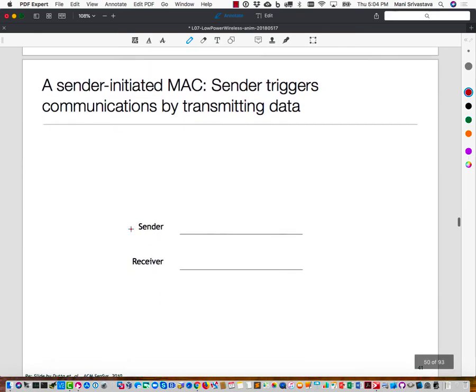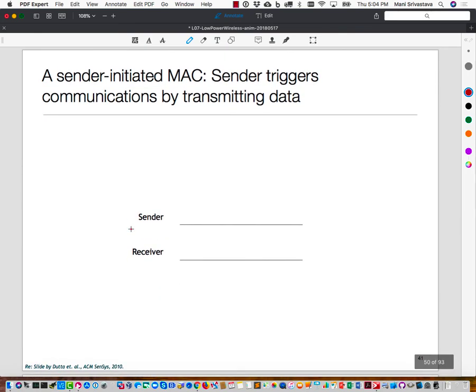The basic thing is the following. The protocols that we have discussed thus far were sender initiated. That is, the sender had an event or a piece of data and it decides when to send it out. And the receiver is supposed to either stay up or at least tell that it's going to be available, and then we send it out.